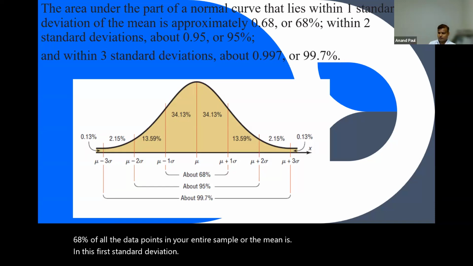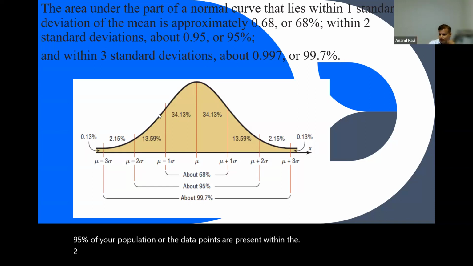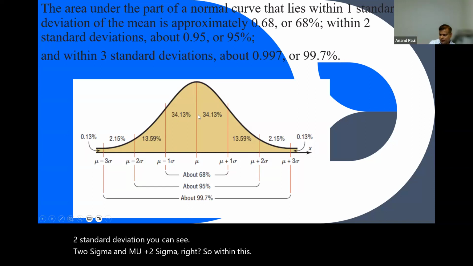for any normal curve. And again, for any standard normal curve like this bell shape, 95% of your population or data points are present within 2 standard deviations. You can see mu minus 2 sigma and mu plus 2 sigma. Within this range, 95% of data points are included.